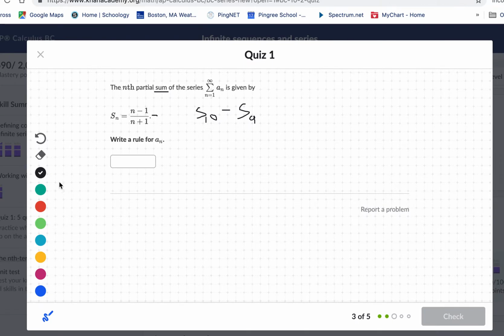Oops, I'm going to erase that. Let me erase that. I'm just going to subtract n minus 1, that's supposed to be a parentheses, n minus 1. Oh man, I can't do parentheses, minus 1. And then all over n minus 1 plus 1.